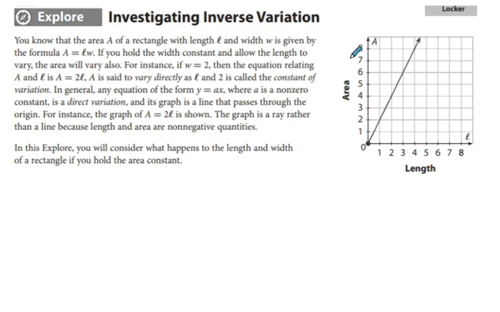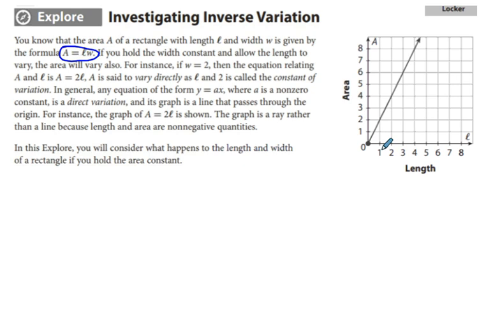Here you have a graph of the formula area equals length times width, and given a fixed width, the area of this rectangle depends on the length of the rectangle.